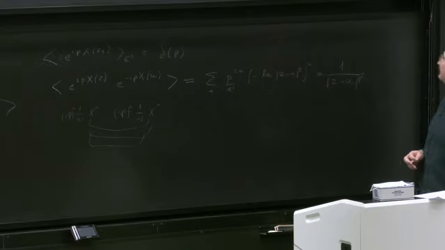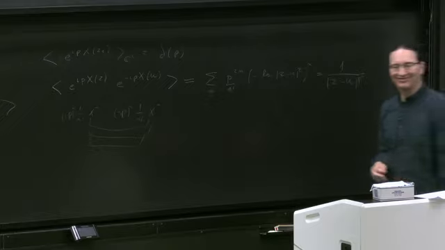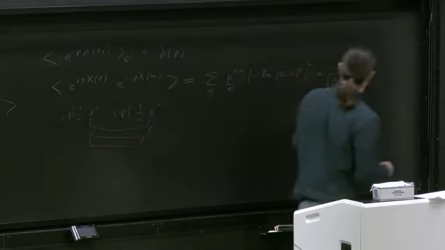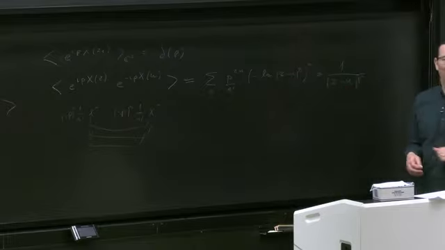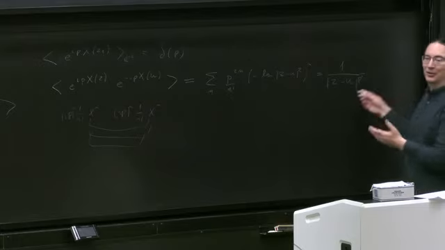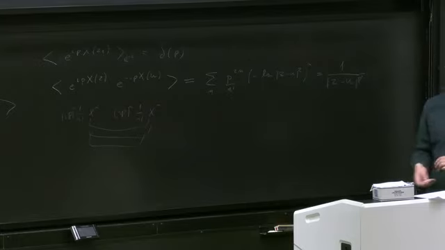What a weird result. It's weird because I find the fractional power of z minus w. This is very different from what we saw taking correlation functions of more familiar operators.